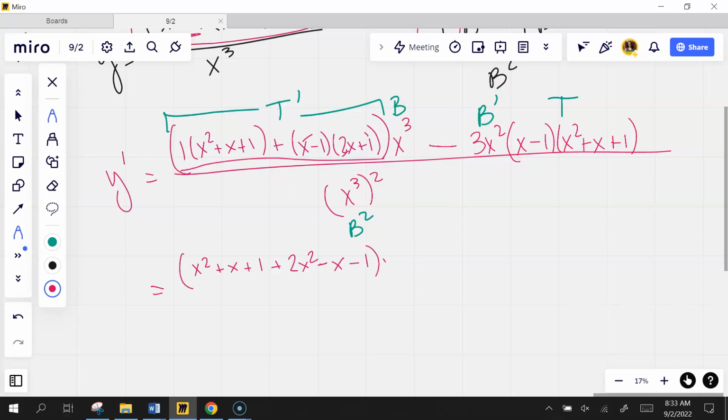And I still have this x cubed that sits on the outside. Minus 3x squared times x cubed plus x squared plus x minus x squared minus x minus 1.